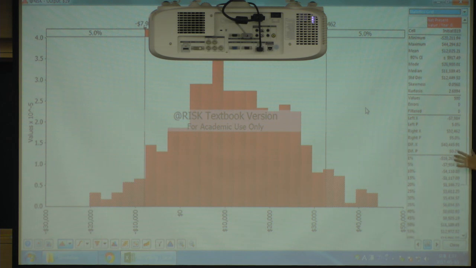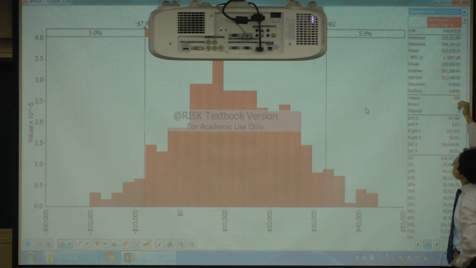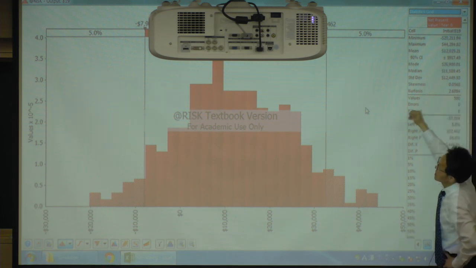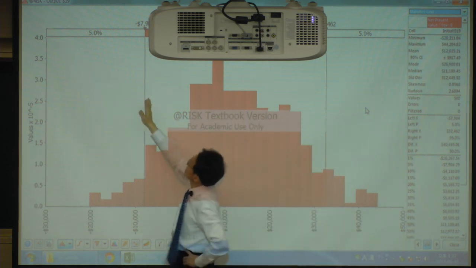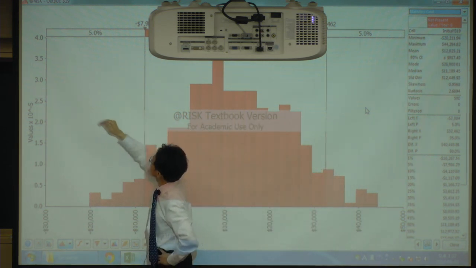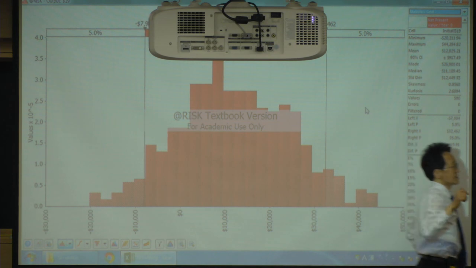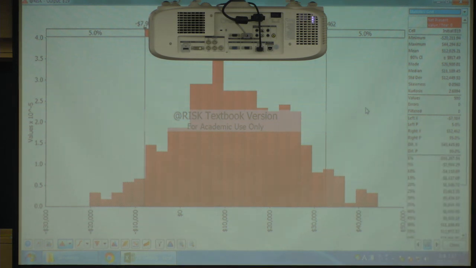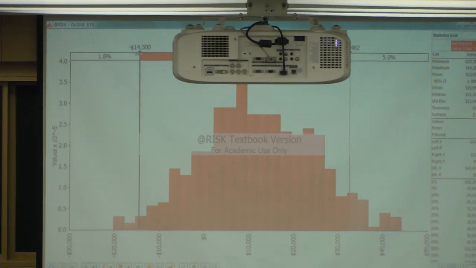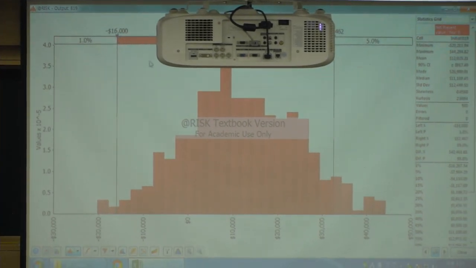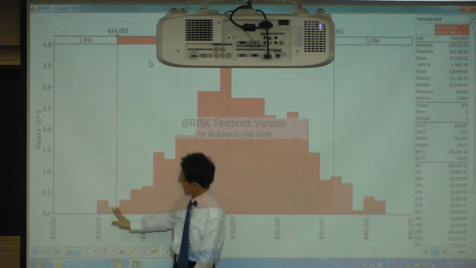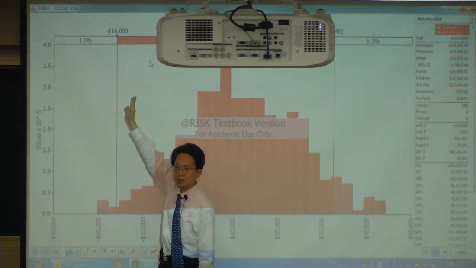And then there are all these statistics, mean value, maximum, minimum values, 90% confidence interval, and so on and so forth. And if you want to see what about 1% here, what about 1% here, then you actually click here and then you move this in that direction, and then let's say okay, the bottom 1% NPV is minus 16,000.